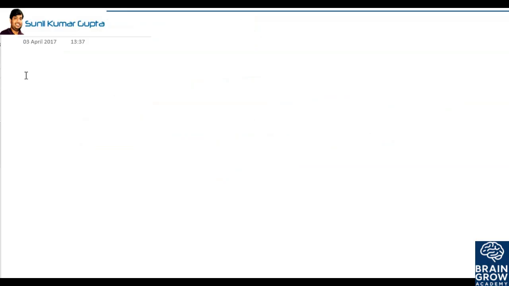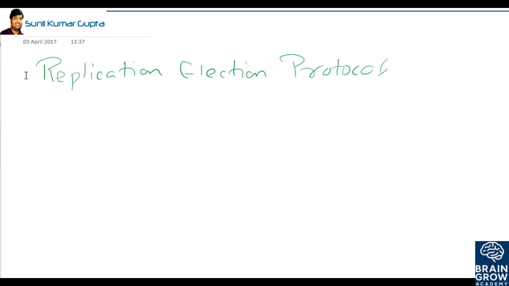The first thing is one important concept called the replication election protocol. This is the protocol the replica set follows for the election. After MongoDB version 3.2, a new protocol came into existence.